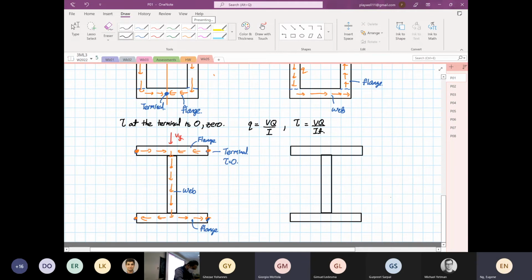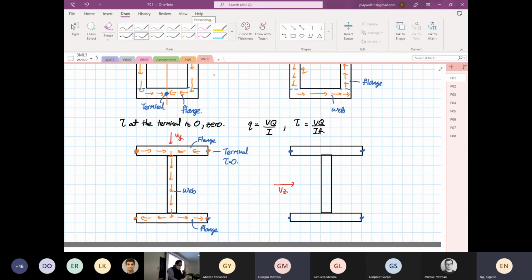So what we have here now, this is our Ez. Okay, our Vz is acting that way. So again, I'm going to construct our terminal. Now this one is going to be really, really interesting.